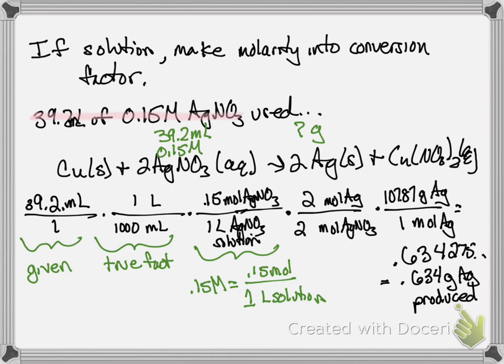If there's 0.15 moles on top and 1 liter on the bottom for a 0.15 molar solution, it is also true that 1 liter on top would match up with 0.15 moles on the bottom. And then you just have your mole-to-mole ratio again and molar mass for the last one.